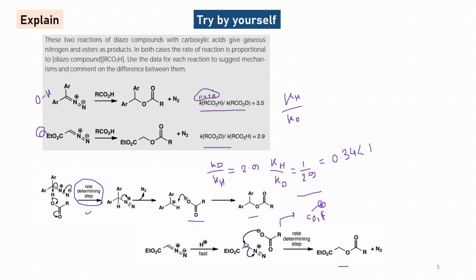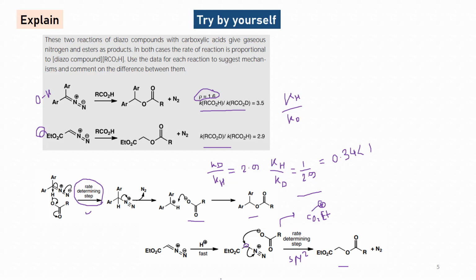Because of that, this carbocation formation is not feasible. That's why this reaction goes through an SN2 pathway, and makes this step the rate determining step.